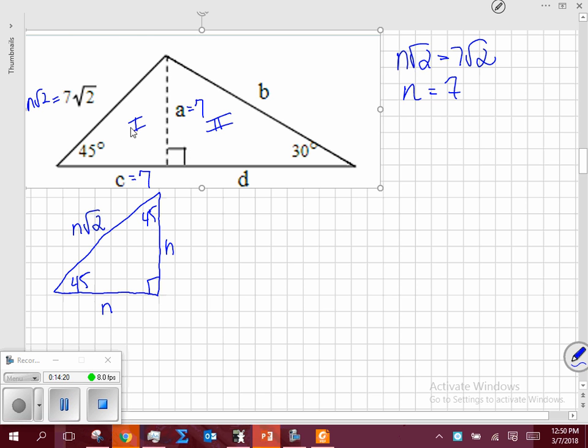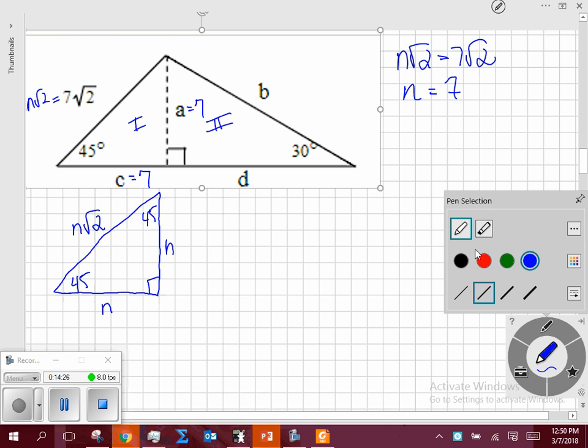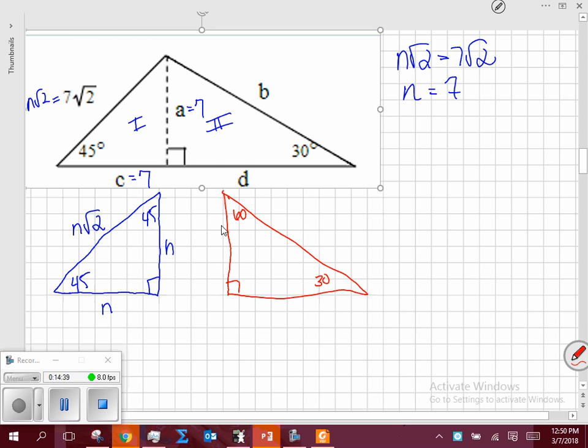Now, knowing that, does that allow me to transition into the second triangle? You now know a segment of that second triangle. So I'll draw that second triangle over here. So that's 30. That's 60. Okay. Now in the second triangle, I'm going to use a different letter than n because we've already used that. I'm just going to use M. So this would be 2M.